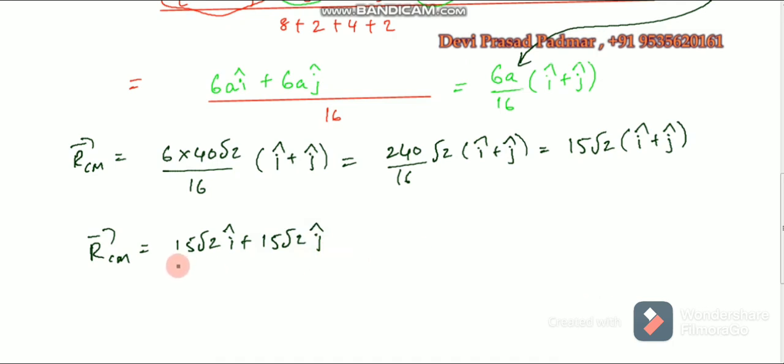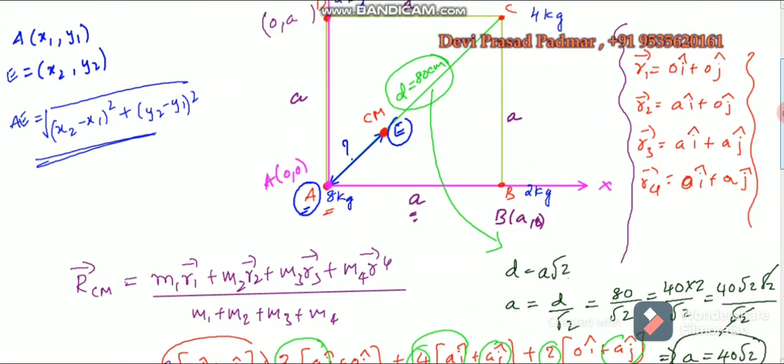That means this is along x and this is along y. I can give one name here, the coordinate. So that is E, x2 y2. You can name this as x2 y2, and this one is x1 y1.